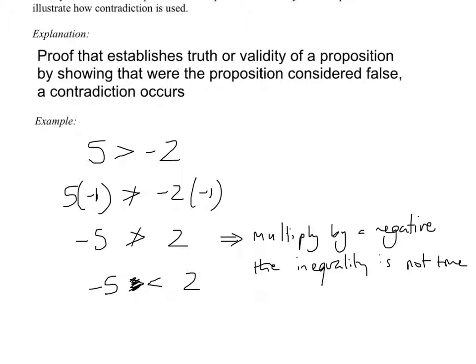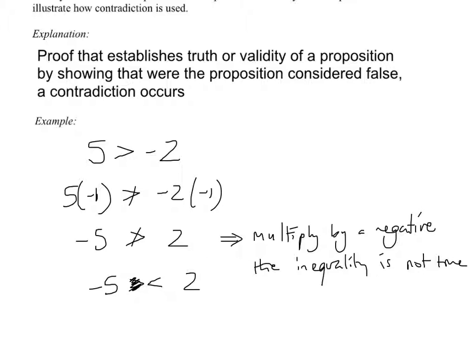Therefore, the point is that multiplying by a negative number is not possible. All I would say is it's a reasonably sort of weak example. There are others, but it's the simplest one to go through. You just need to make sure you give some simple explanation as to why it's the case.